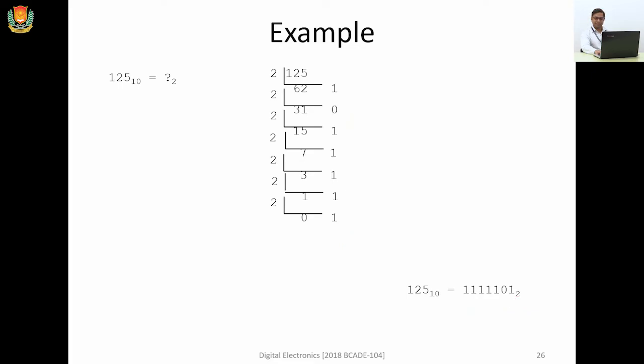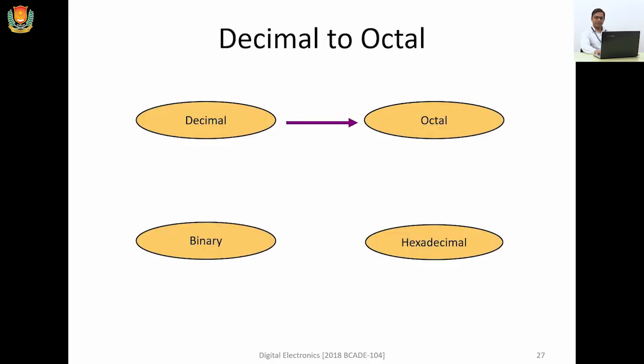Again, I am repeating, I should write from bottom to upward, following the arrow. It is the correct binary representation of 125, which is available in decimal. I think it is clear to you all.